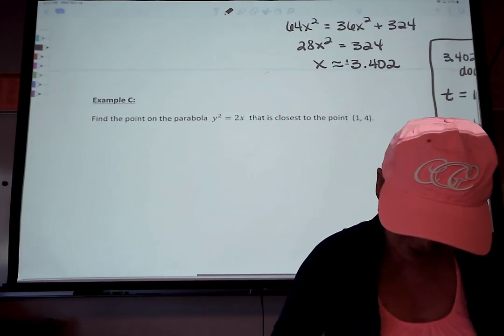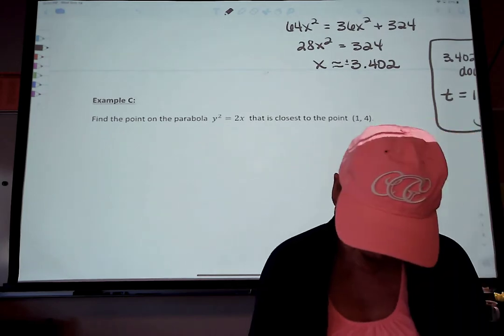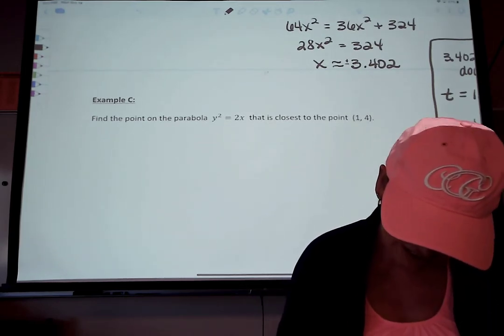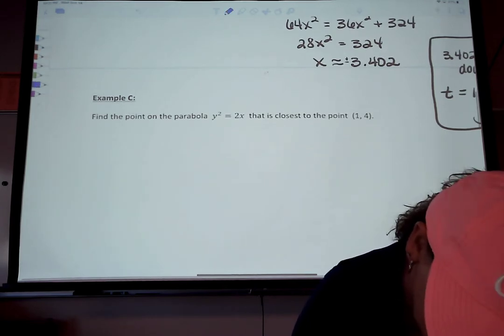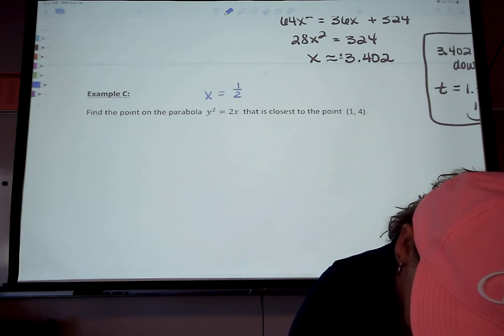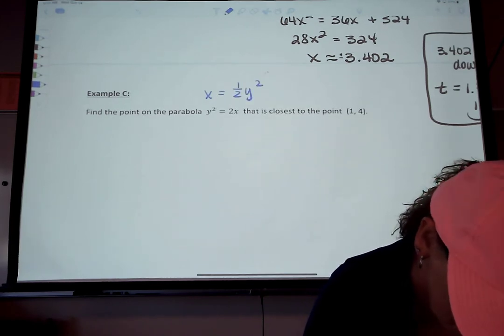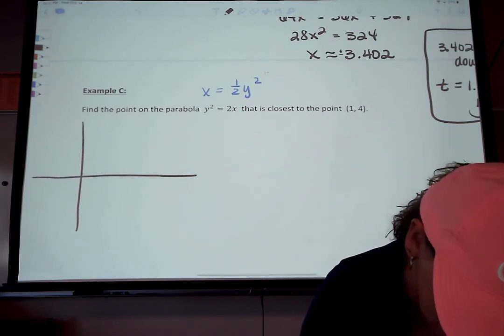All right, let's see if we can beat our time on this last one. Ready? We have a sideways parabola centered at the origin.